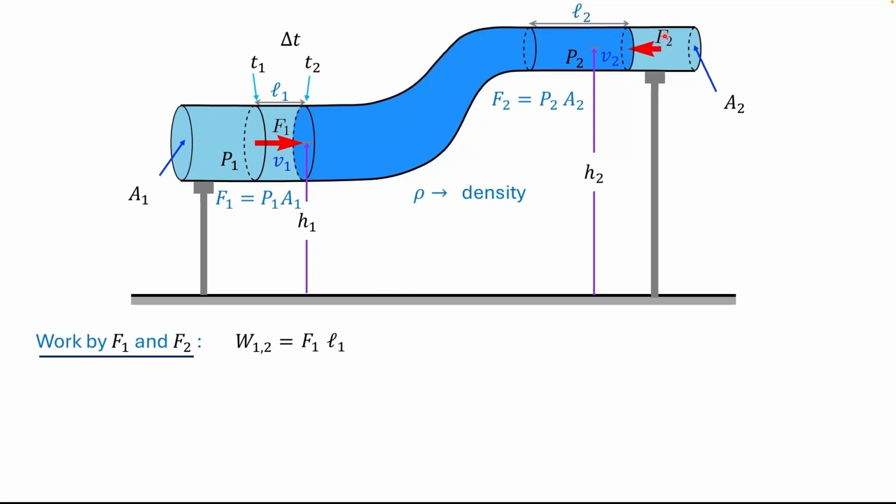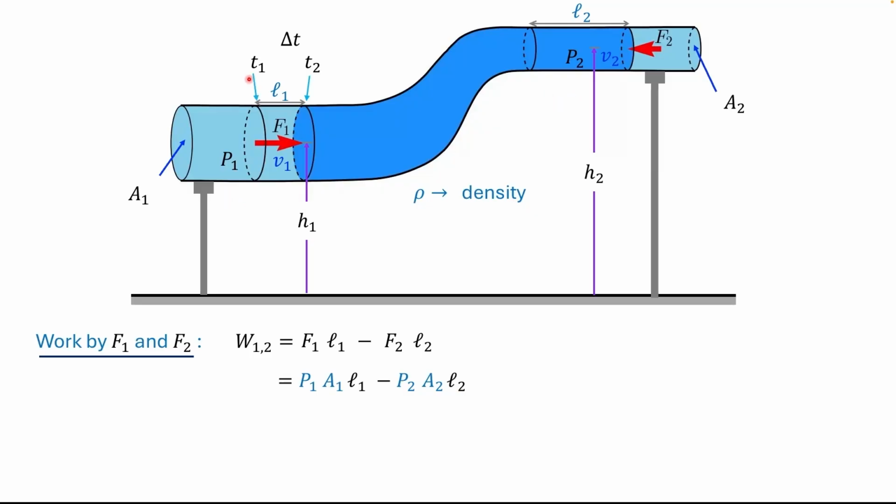The force F2 is opposite to the direction of motion of the object, so it does a negative work on the object. The work by F2 is negative F2 times displacement, which is L2. Now substitute P1A1 for F1, times L1, minus, substitute P2A2 for F2, times L2.